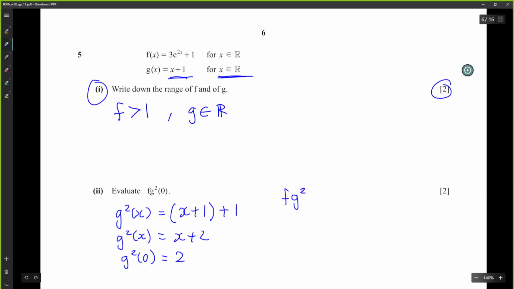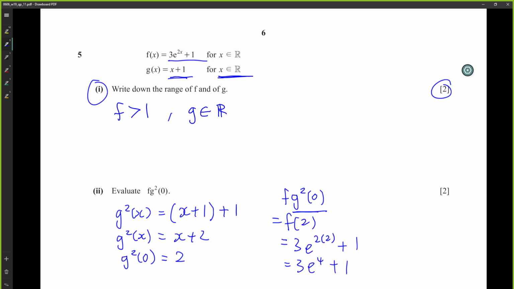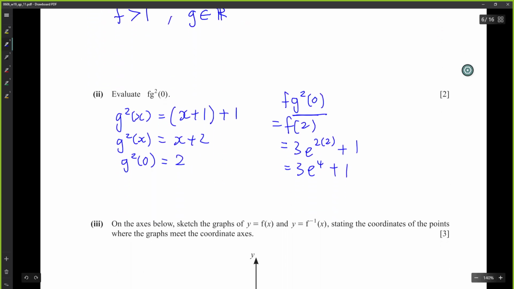So f g squared 0 is basically equal to f of, what is my g squared 0? 2, right? What is f(2)? This is my f(x), so it will be 3e^(2×2) plus 1, so it's 3e^4 plus 1. If the question asks me to leave in exact form, I will leave it like this, or else you can type in the calculator: 3 exponent 4 plus 1, and leave in 3 significant figures, I'm going to say is 165.